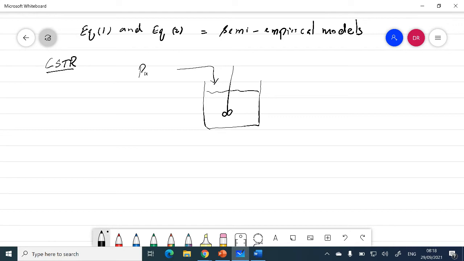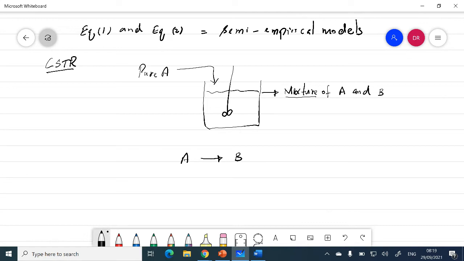Let's say a pure component A is coming in, and this is the outlet of the reactor, from which we will get a mixture of A and B. First let me write the reaction: A is converted into B. Why a mixture?